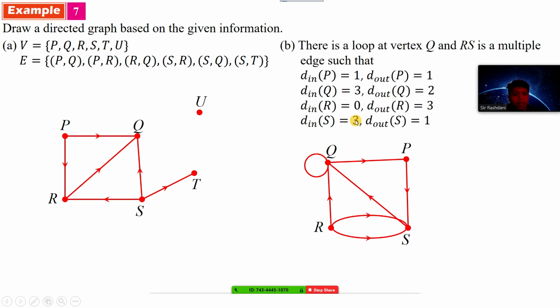For Q we have three in: one, two, and this one, the loop, in.